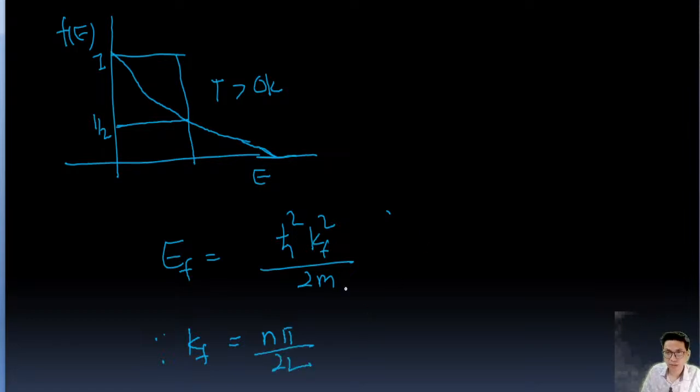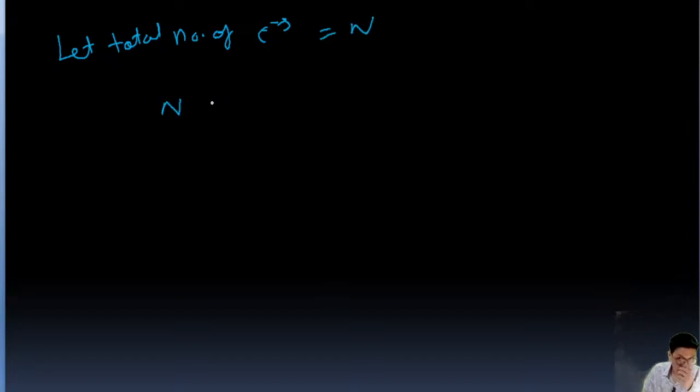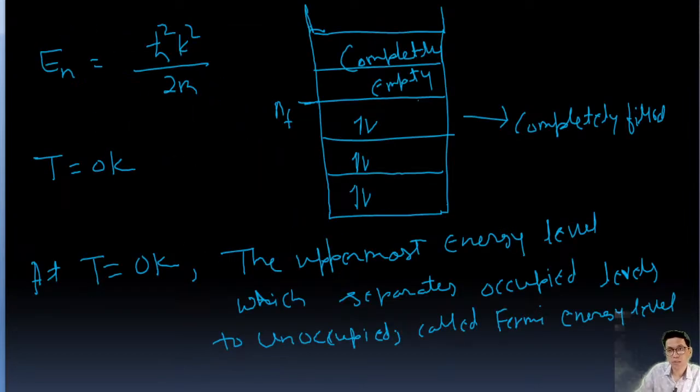Why? I'll explain on the next page. Let the total number of electrons be n. So n is going to be equal to 2nf, because there are an even number of electrons.